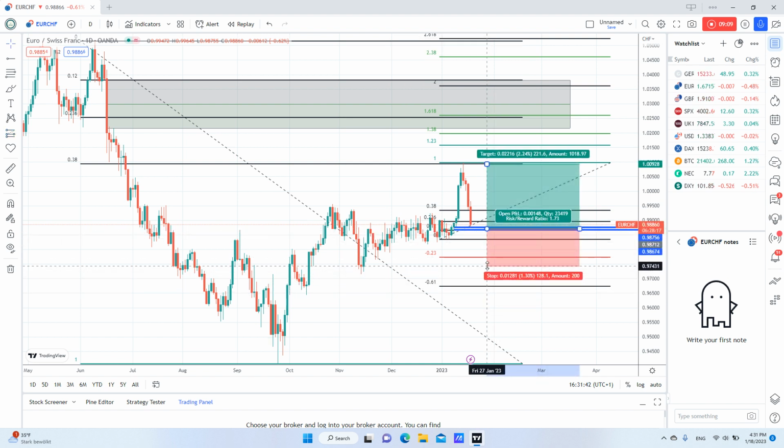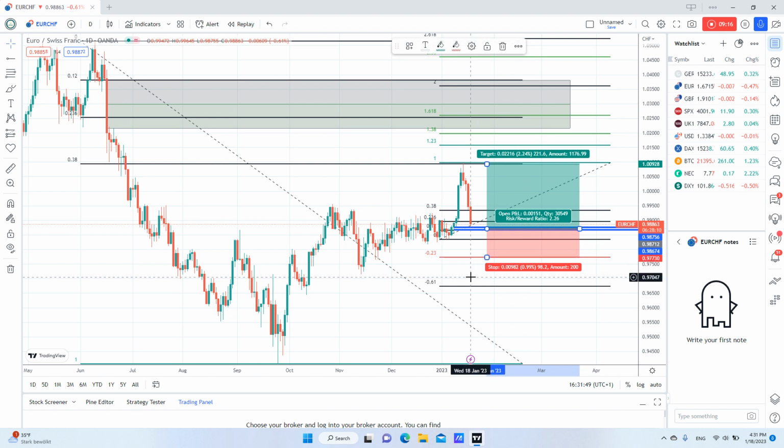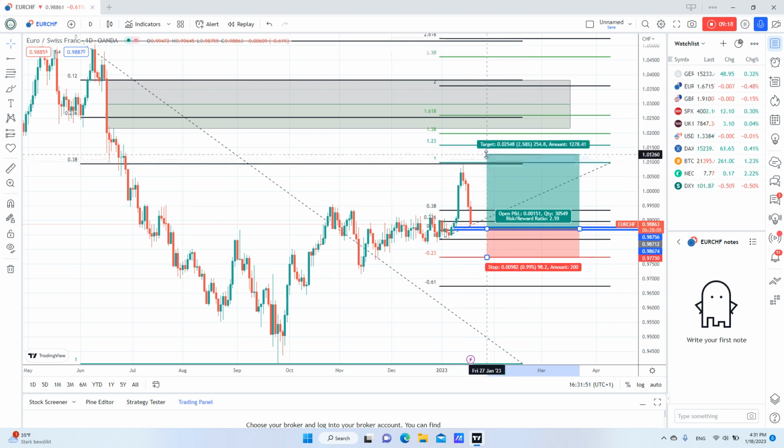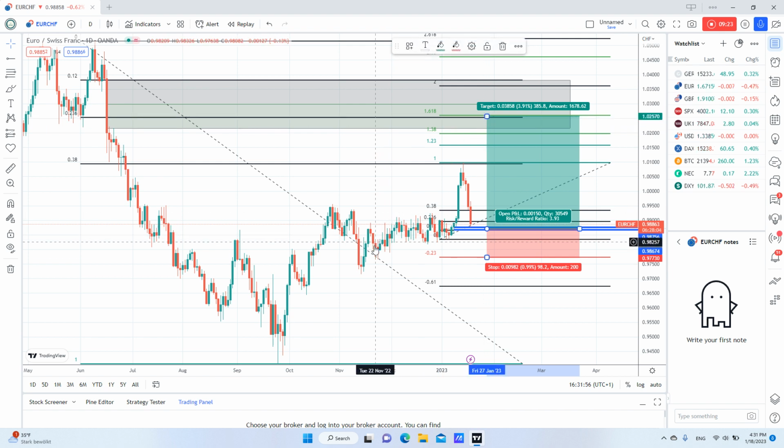I will put my stop loss. I usually put it under the minus 0.23, and our take profit will be here. So we have around a 3.9 risk to reward ratio.